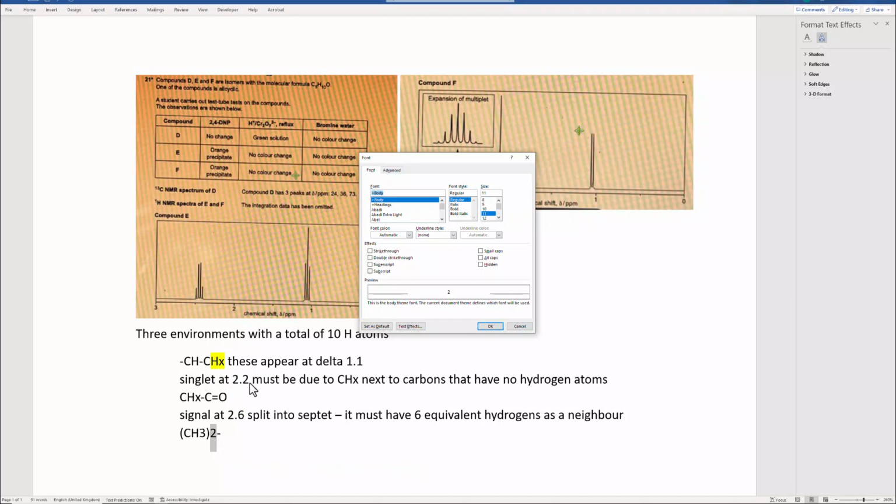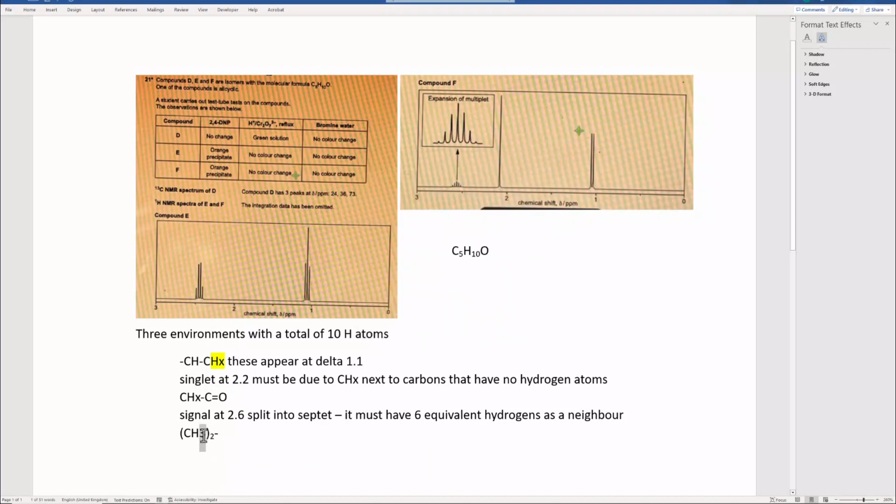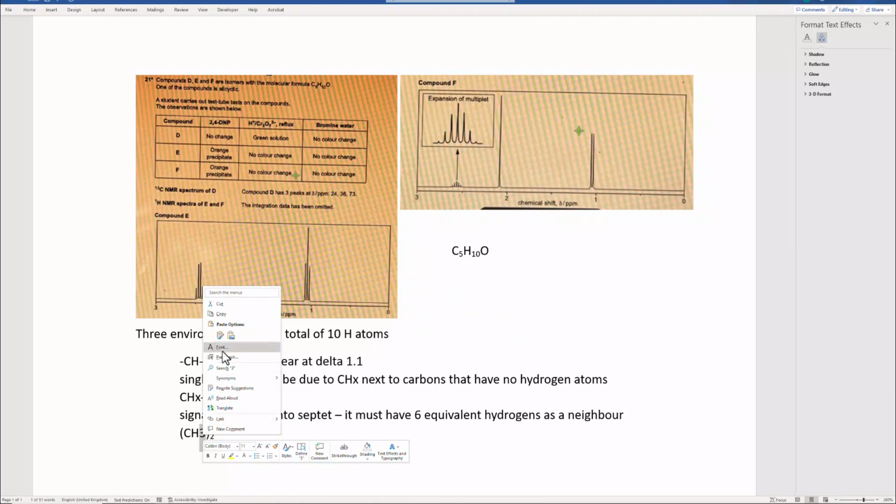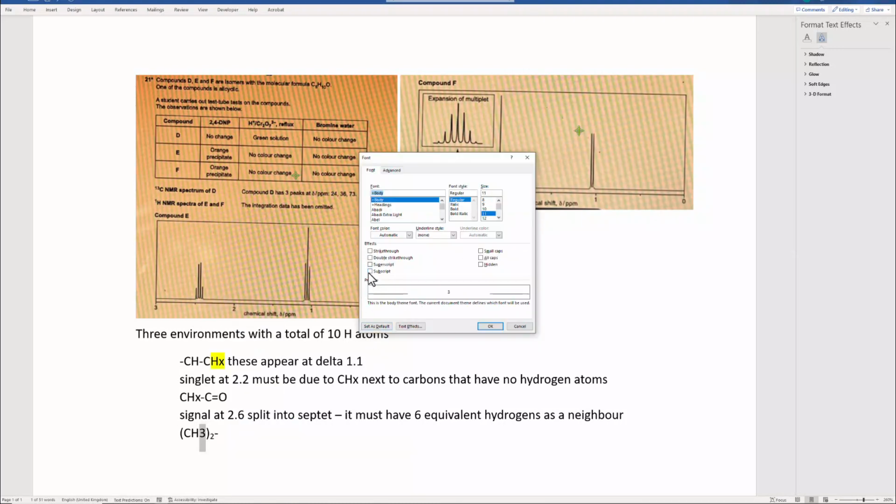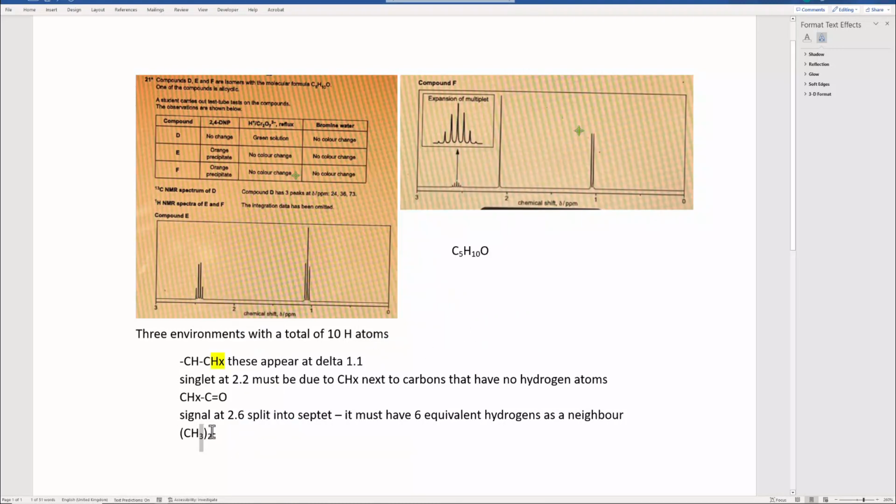Let's make this into a subscript so it looks better. Okay, so if we put this idea down here with this one here, we can see this CHX must be this whole group here, because it's coming next to a CH group.